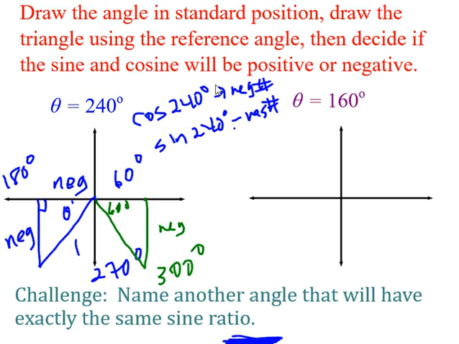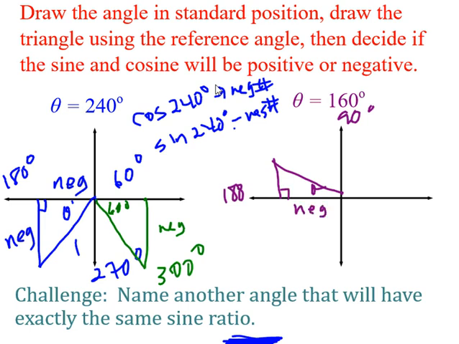Okay, let's try another one. So 160. Again, you could try this on your own. That one for me is in quadrant 2, again, because this is 90 and this is 180. So I'm somewhere here. And when I draw my triangle, I'm going to draw this way. And again, my cosine ratio is about this side.